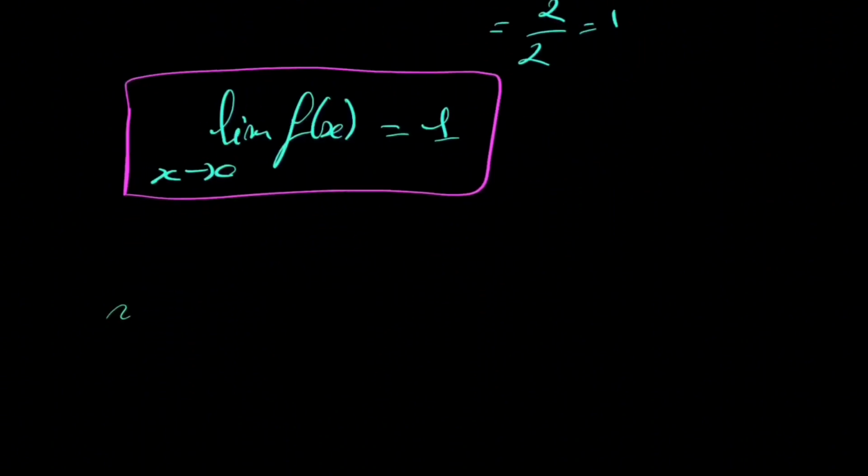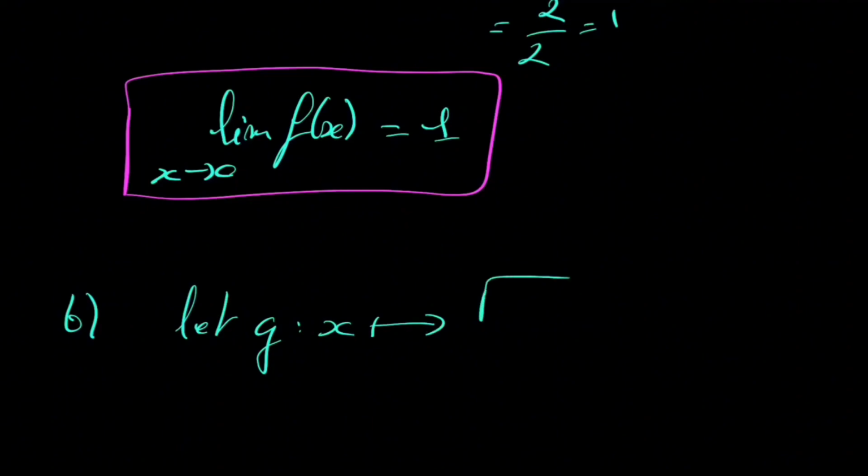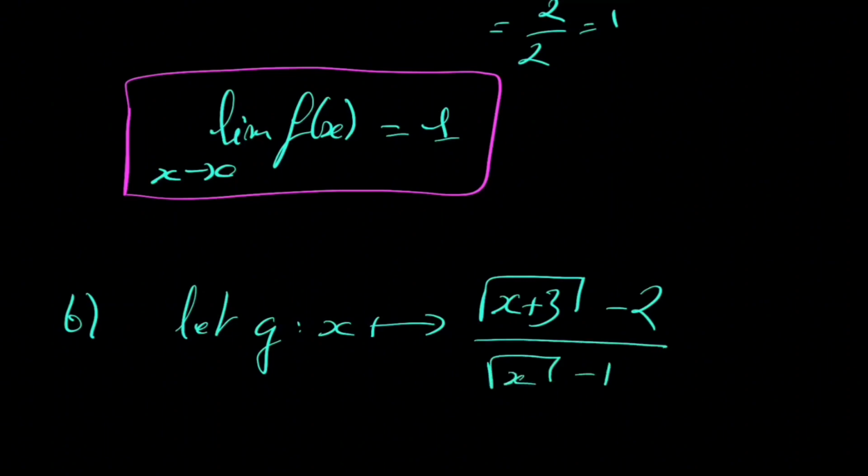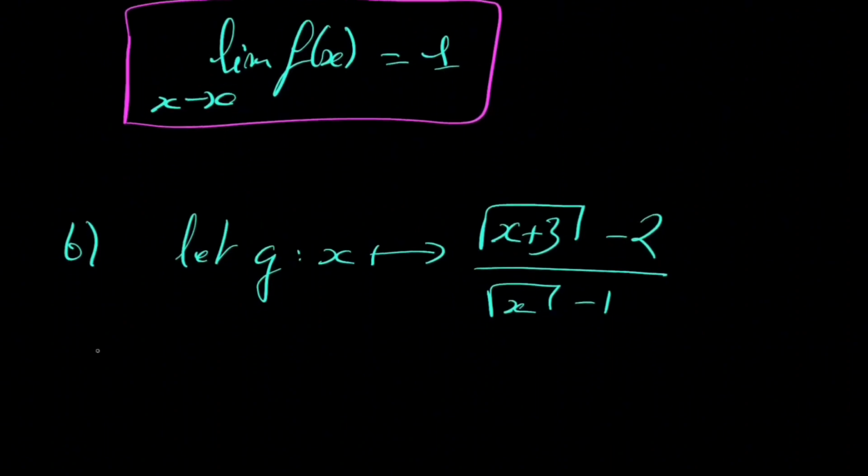Second one, b. Let g be the function that given x gives square root of x plus 3 minus 2 over square root of x minus 1. We want to find the limit, let's call it b, of g of x when x tends to 1.